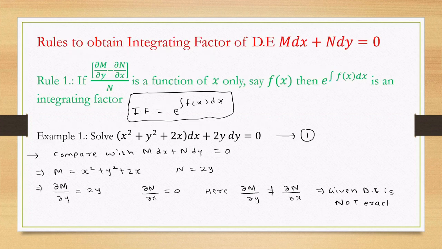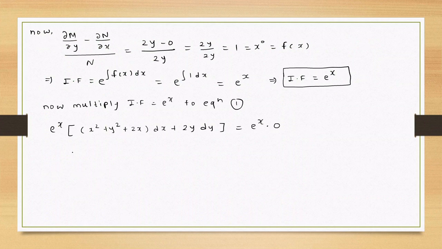So this implies e raised to x into (x square plus y square plus 2x) dx plus 2y e raised to x dy is equal to 0. Call it equation number 2.